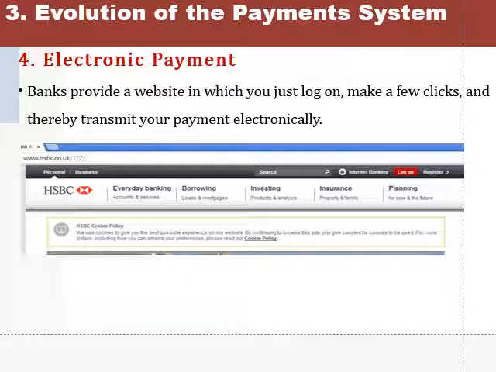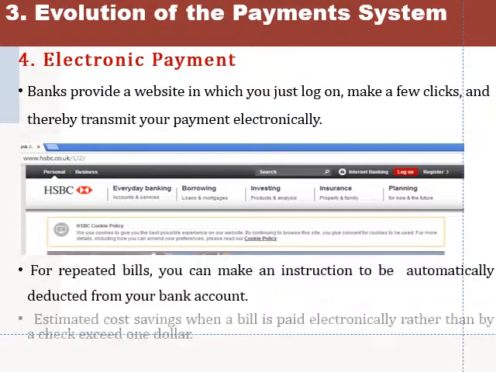Also, for repeated bills, you can set an instruction to be automatically deducted from your bank account, and you don't need to repeat this process each month or each period. This innovation was very beneficial since it lowers the cost of using checks.